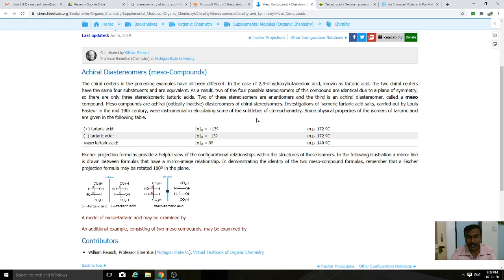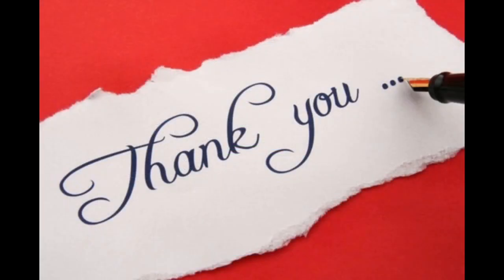Chirality is the necessary and sufficient condition to exhibit optical activity; a molecule only having chiral centers is not necessarily optically active. So this is the example of tartaric acid. Thank you very much.